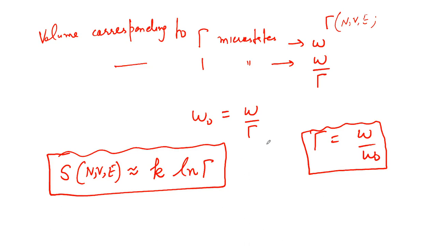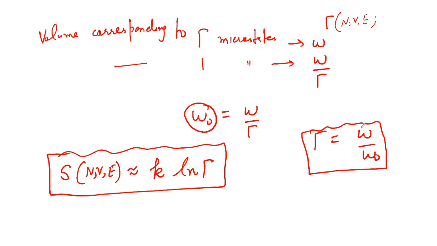The basic problem here is that we need to find the value of omega naught, and from that we can find the total volume and then the total number of microstates present for a particular energy value.